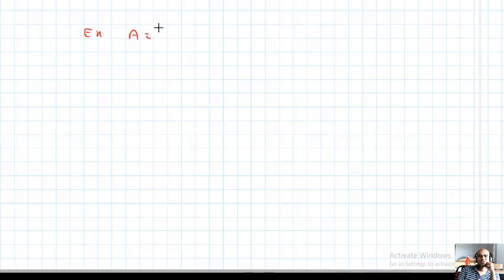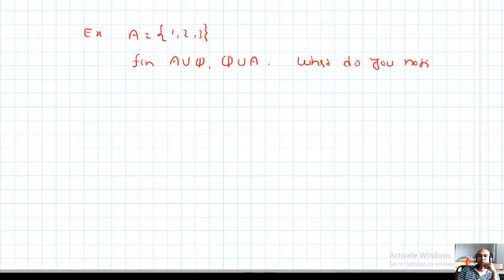A is given as 1, 2, 3. Find A union phi, and phi union A. What do you notice? I will find a solution for this first.